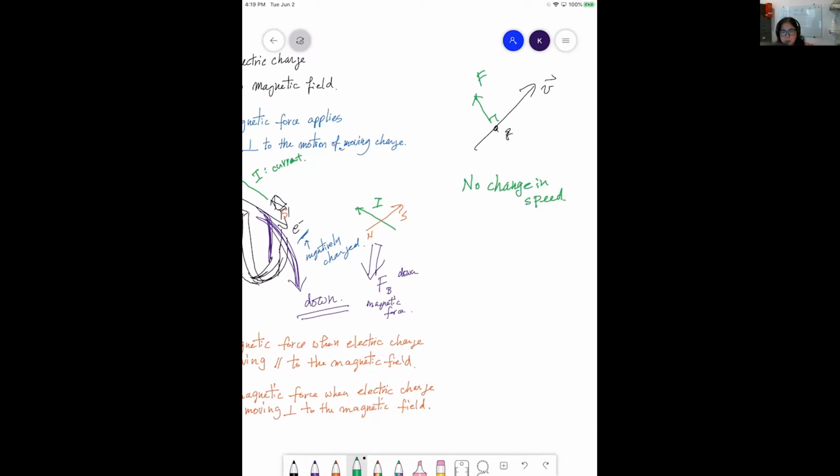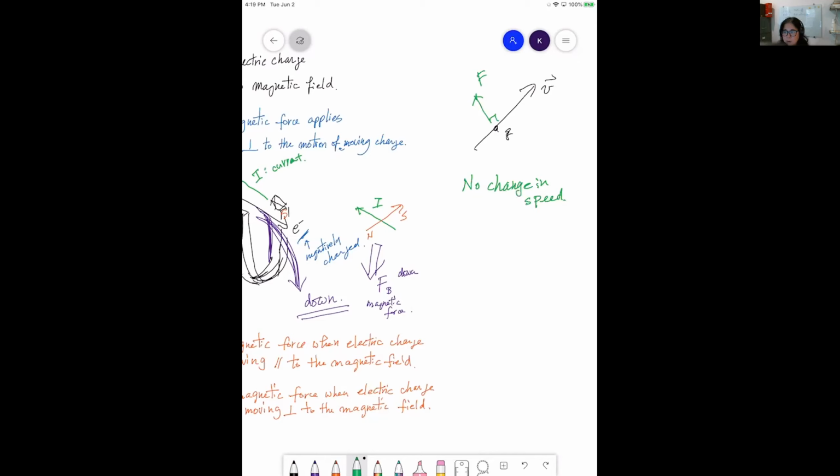There's no way that you can speed up or slow down, because the force is perpendicular to the motion. If you have a little bit of a parallel component, then you're going to speed up. If you have a little bit of an anti-parallel component, you slow down. But the force is perpendicular to the motion, so there's no change in speed.